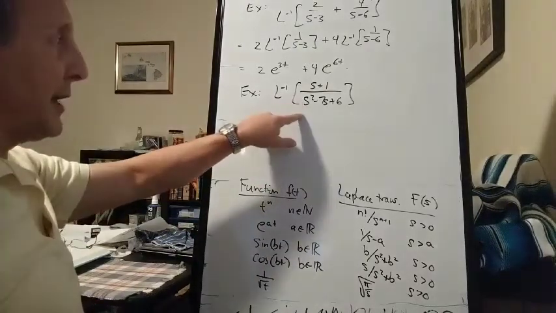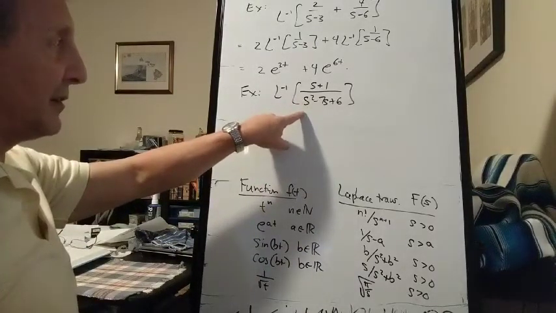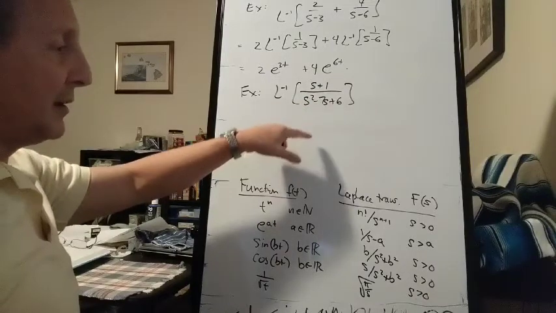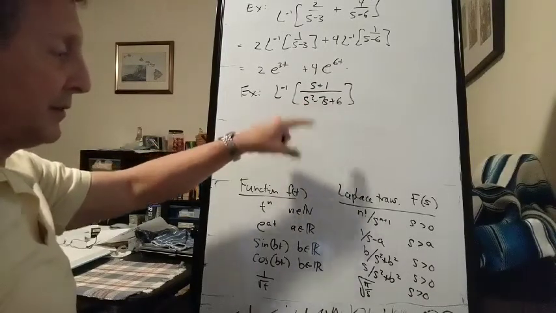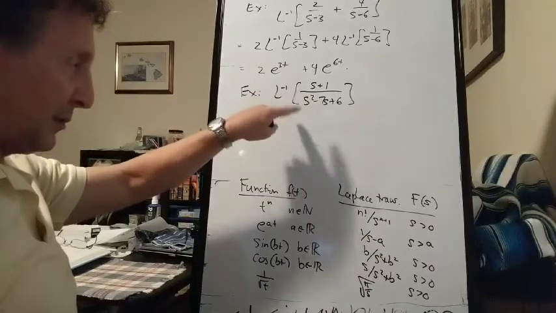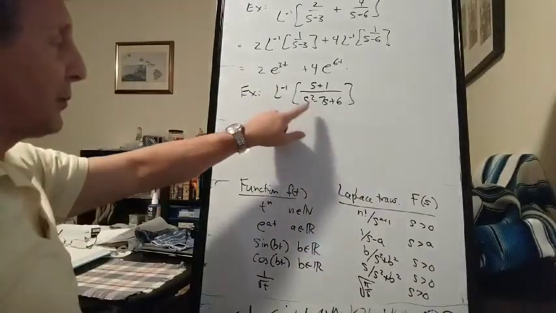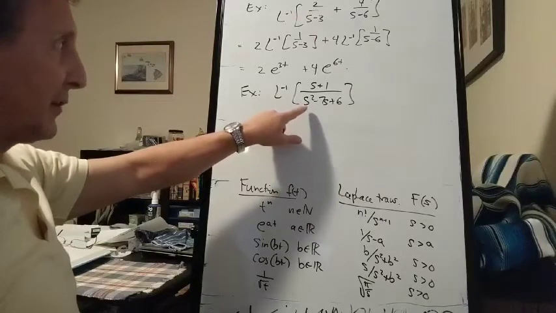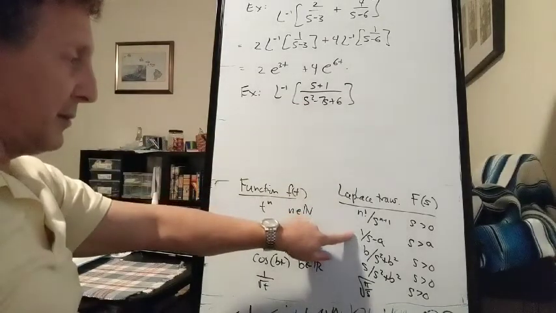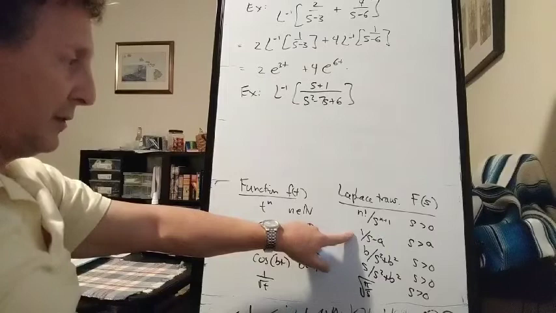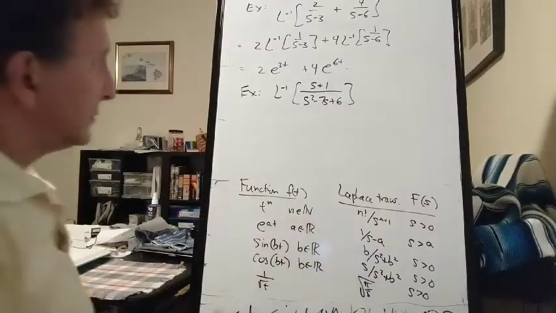Now you might remember from calculus that we can write fractions like this as 1 over s minus something plus 1 over s minus something, possibly with different numerators. So we can use partial fractions to express this as a sum of things that look like 1 over s minus a number.